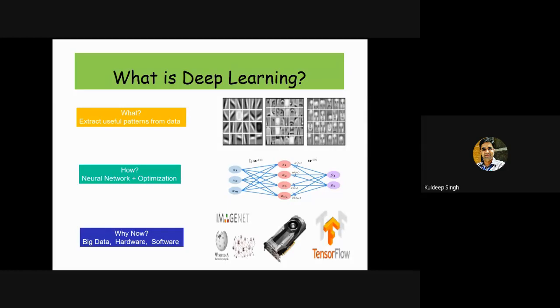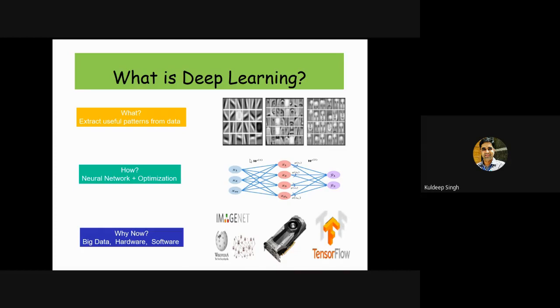Now the next question comes, why now? Why has deep learning become popular in the last decade or so, though the basic building blocks of deep learning, like neural networks and perceptrons, were available in the 1950s? But why has it become popular now? There are three reasons.